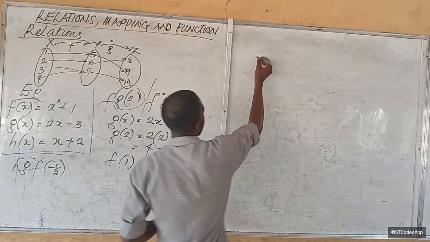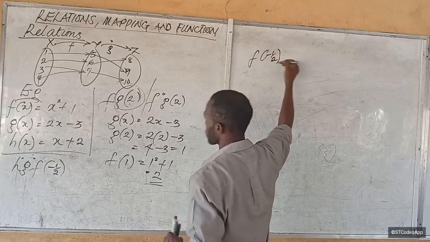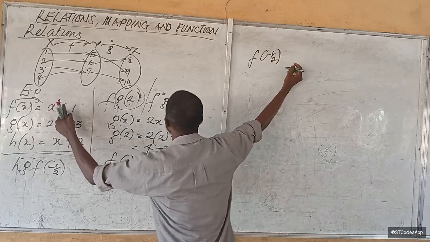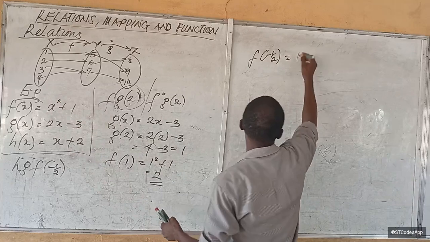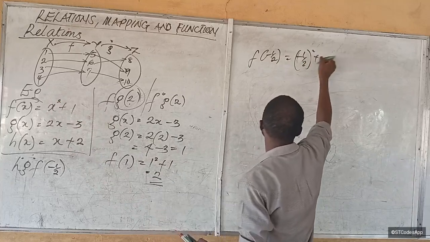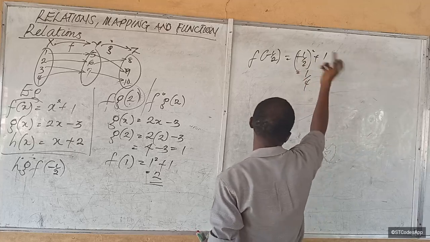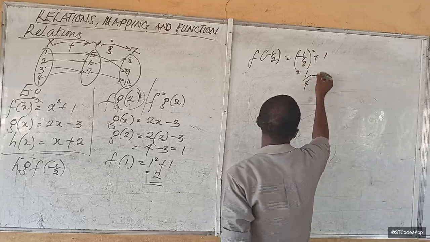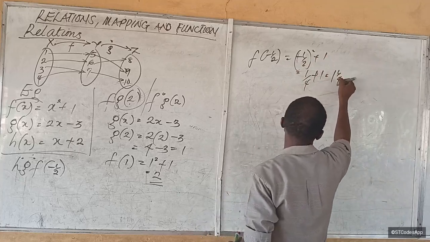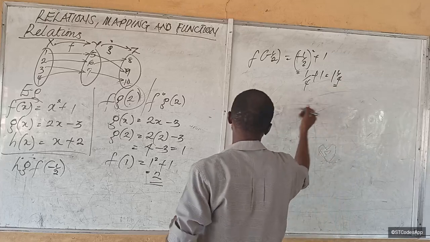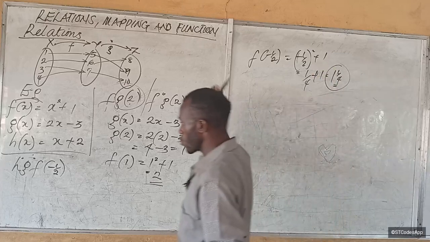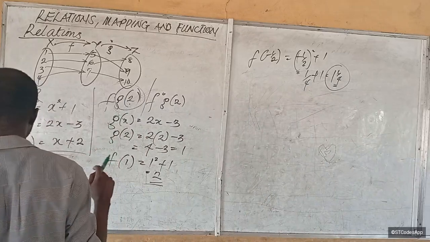First, let's take f of minus 1 over 2. Since we know that f of x is x squared plus 1, that's minus 1 over 2 squared plus 1. That becomes 1 over 4, because the minus will disappear, plus 1. So we'll now plug this value.